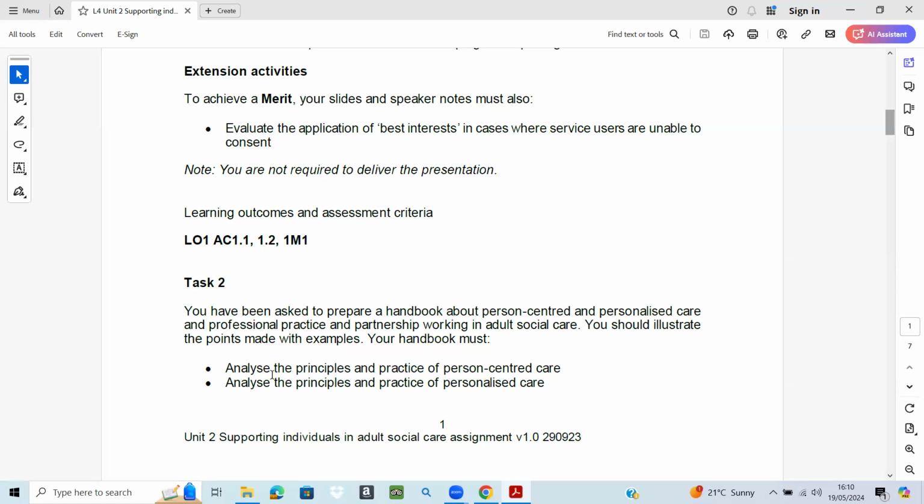We need to analyze the principles and practice of person-centered care. We have gone through all of these important aspects, the principles and practice of person-centered care and the principles and practice of personalized care. So we need to discuss this, and it would be a written work in the form of a handbook.